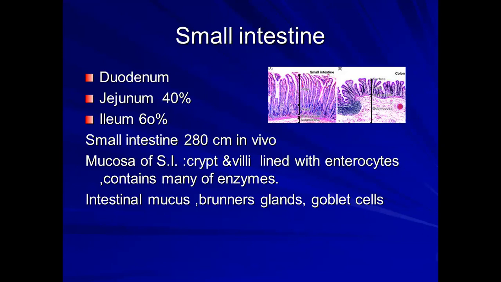The mucosa contains crypts and villi, with a finger-like appearance, lined by enterocytes which contain many enzymes that carry out the last stage of digestion. Also in the intestinal mucosa, there are Brunner's glands and goblet cells.